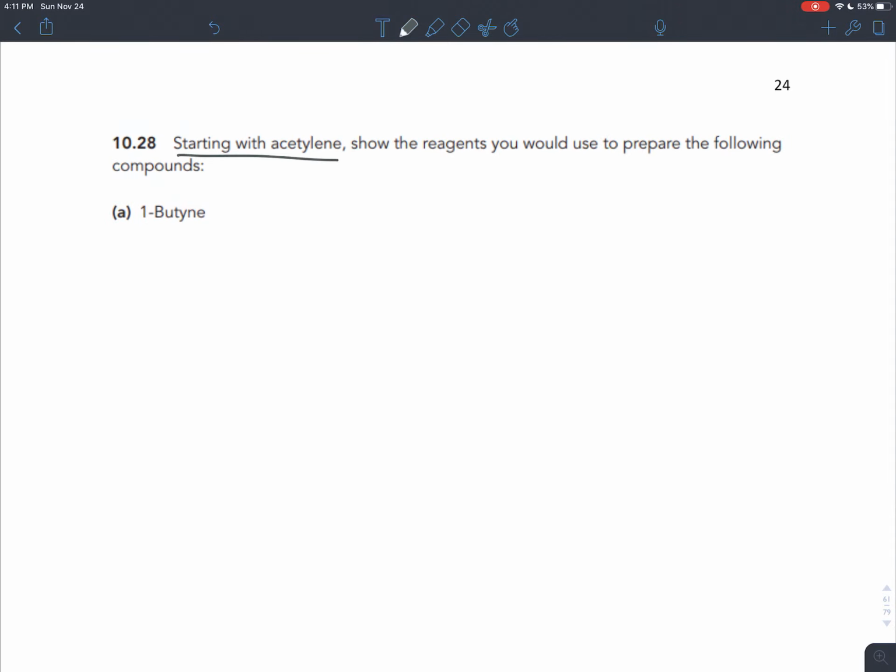What they say is starting with acetylene, and that's a common name for really, if the IUPAC name would be ethyne. It's very common, though, acetylene, just two carbons with a triple bond between them. And what you'll notice is that in the case of acetylene, there's a hydrogen on each side. So technically, you can create two new carbon-to-carbon bonds here by using that sort of recipe that we talked about below, that alkylation.